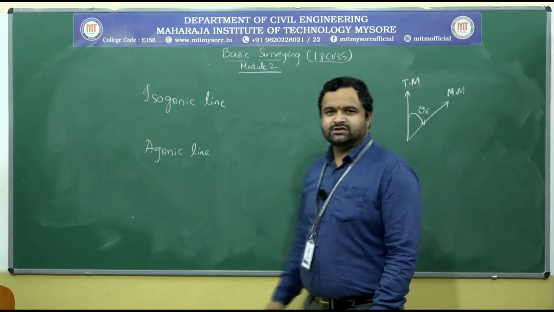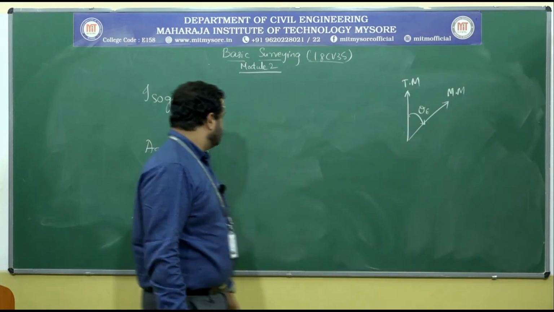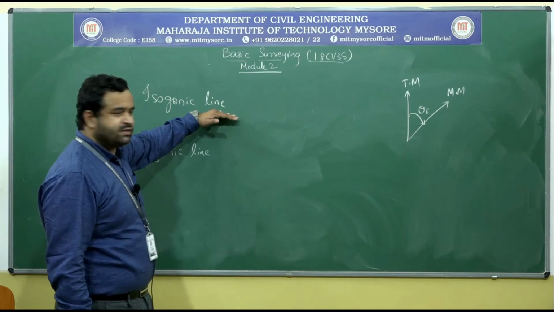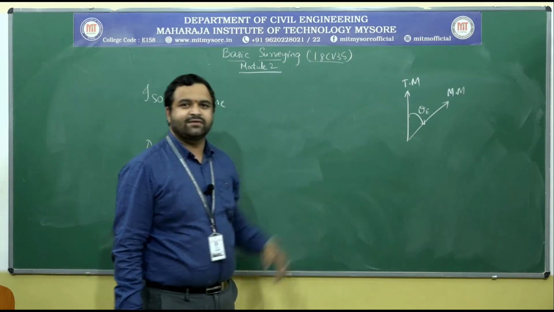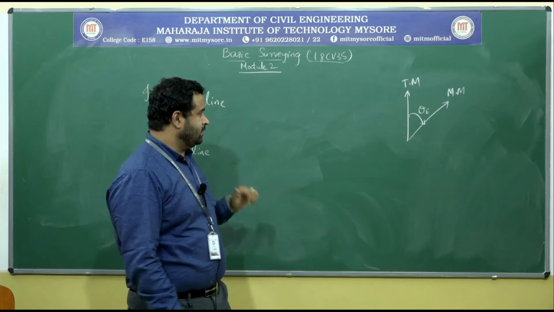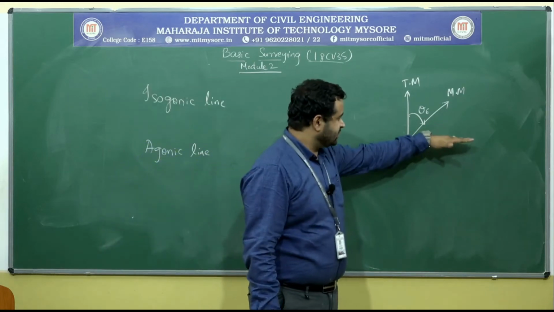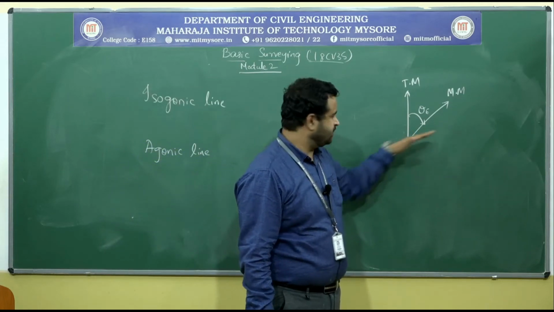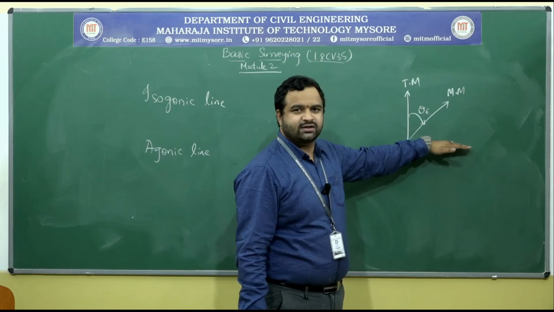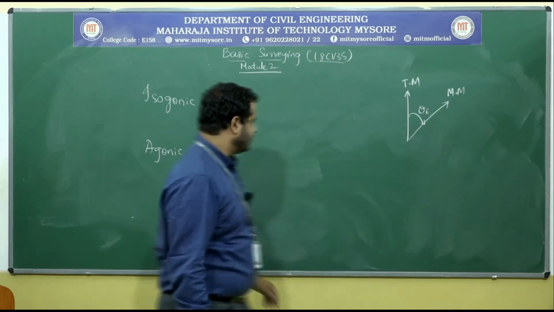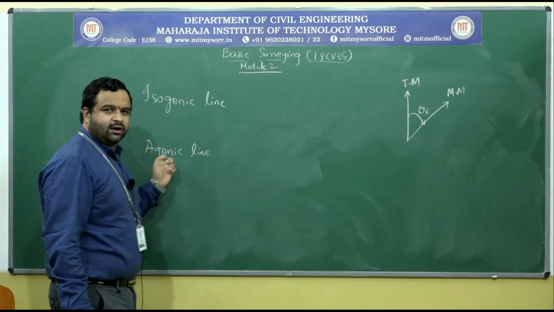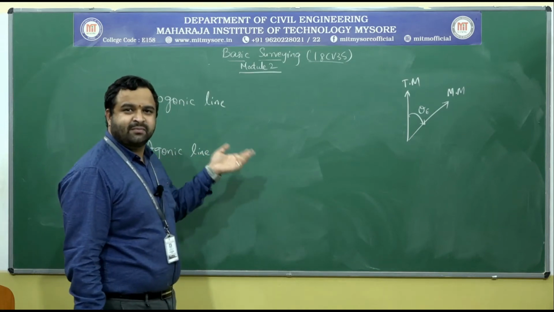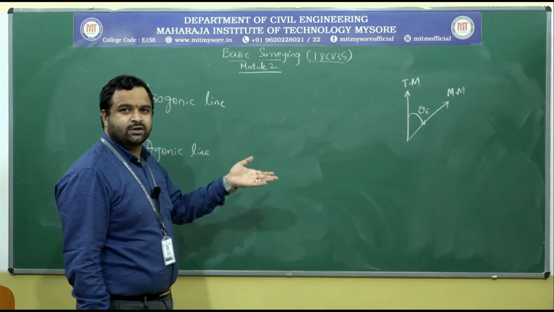An isogonic line is a line which has the same declination. If the declination is towards east and you have one more line like that, it is also called an isogonic line. But what about the agonic line? An agonic line is a line made up of points of zero declination.